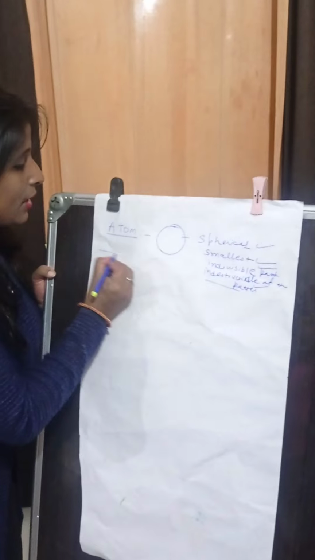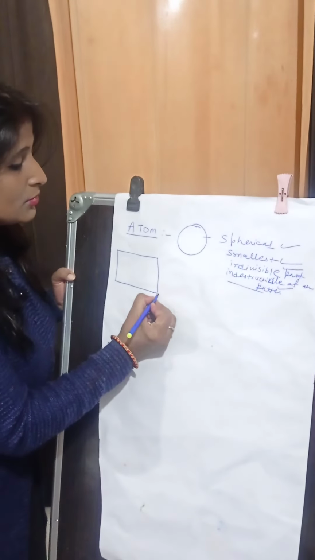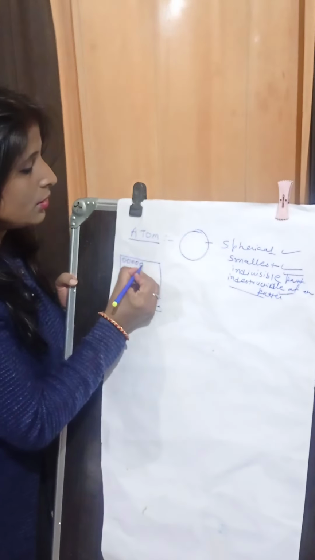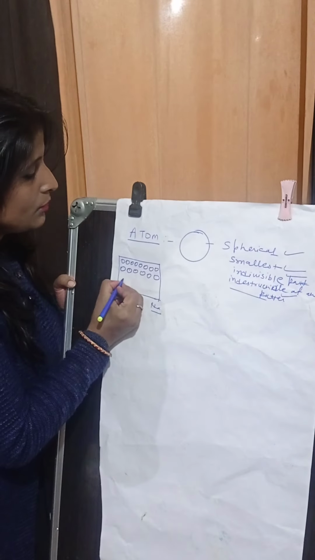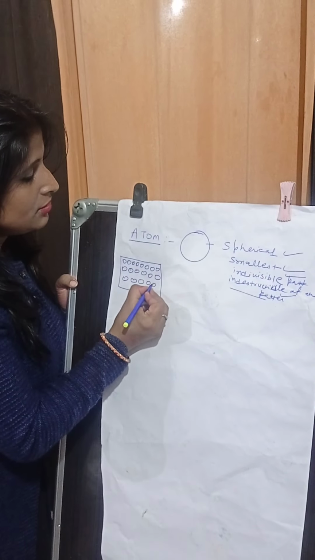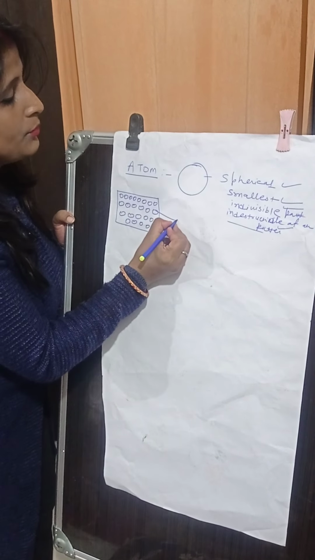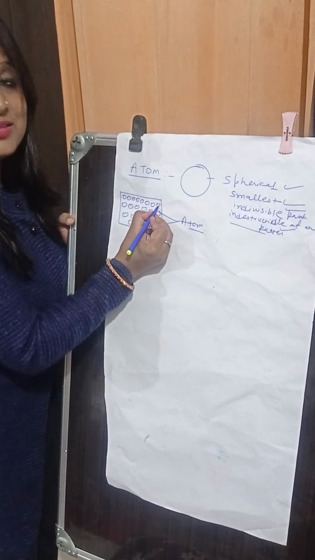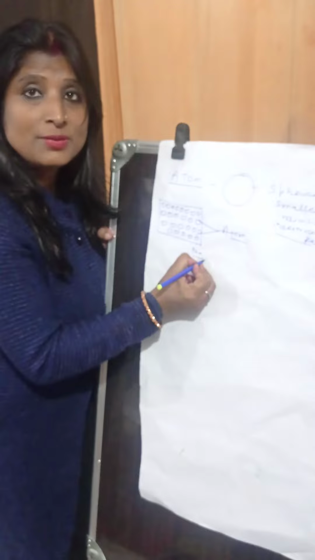We can take an example of any element. Let's take an example of sodium. This is sodium. As you can see, sodium consists of spherical, tiny molecules, and these small spherical tiny molecules are atoms. So will these structures have the exact quality like sodium?